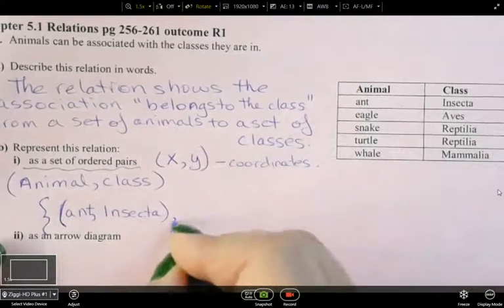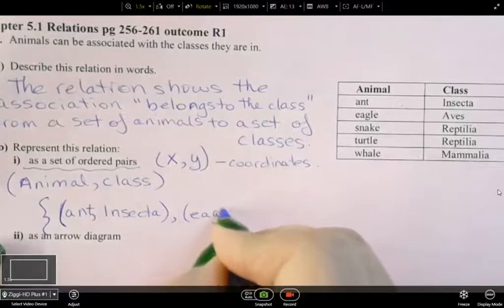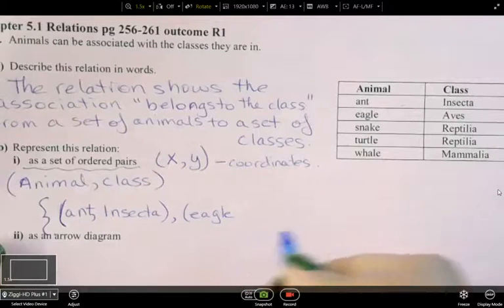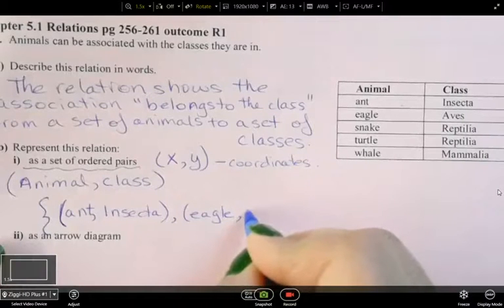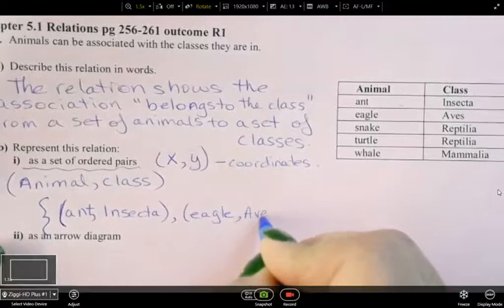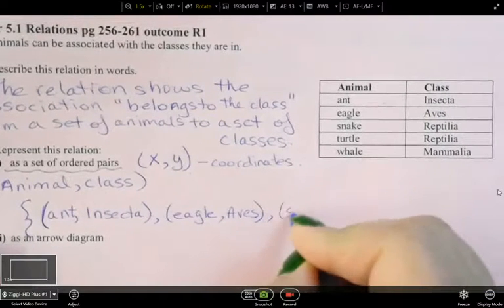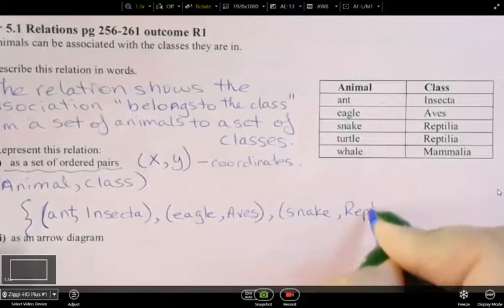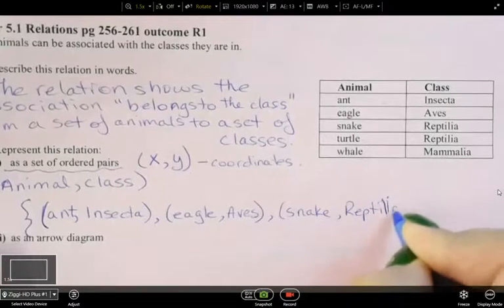All right, now in between each coordinate, I'm going to have another comma and then bracket, and next I'm going to have eagle. So eagle and then comma. What comes next? Yeah. And then snake and Reptilia. I only have one L, sorry.